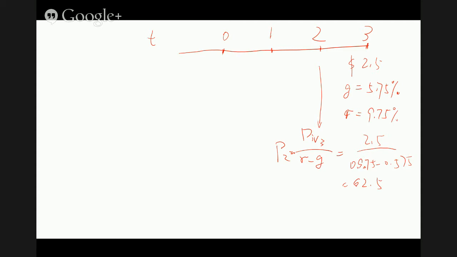Now we have the stock price for year 2. Then the question is asking us to get the stock price for today. Then, because there is no growth between year 0 and year 2, and we also know the discount rate is 9.75%, we can actually calculate the stock price based on the PV formula. So if you open Excel, then you will have PV and then the discount rate.